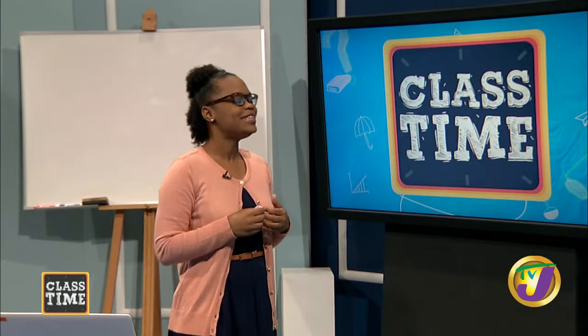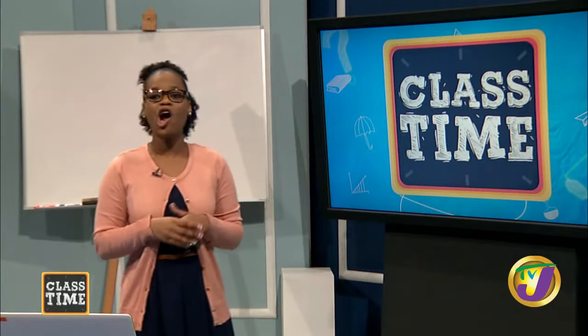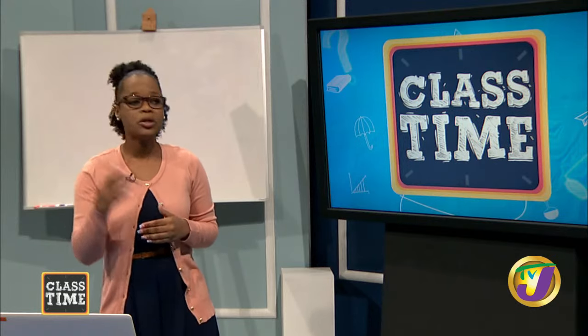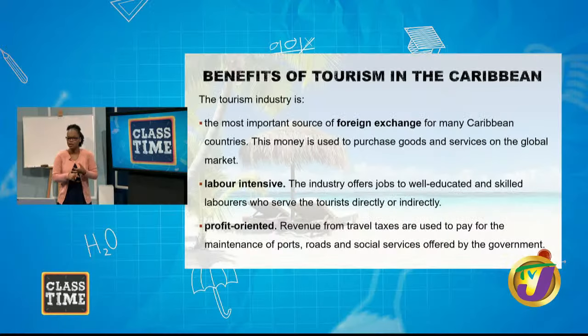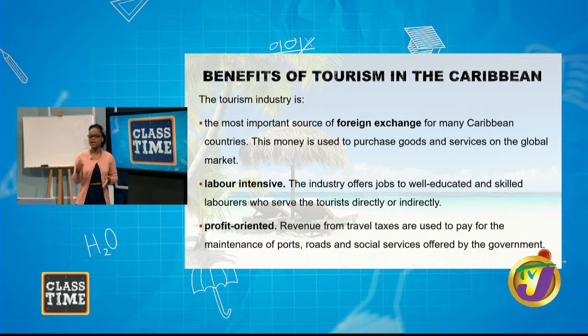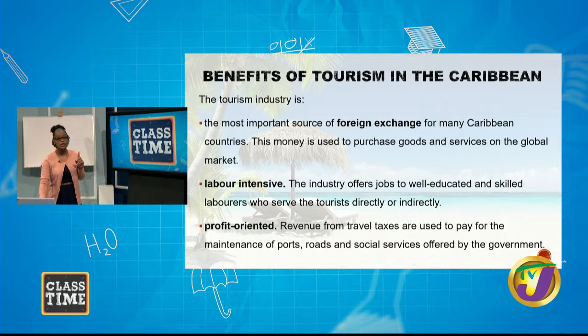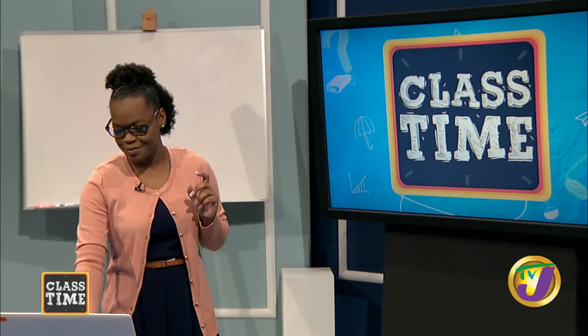So the money that is generated, or the profits that are earned from the taxes that tourists will have to pay, is used for the maintenance of ports, the maintenance of the roads that lead into and are around the tourist resort towns, and they also use it to cover the expenses of social services that are afforded by the government.